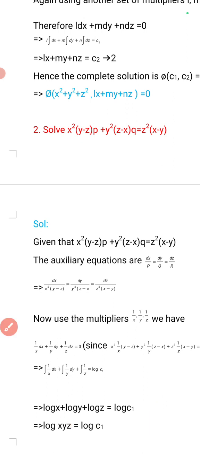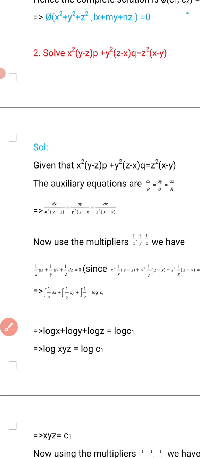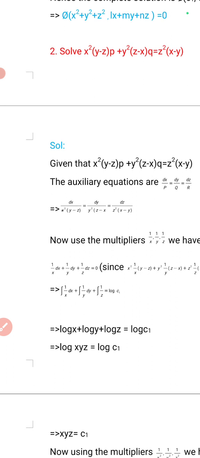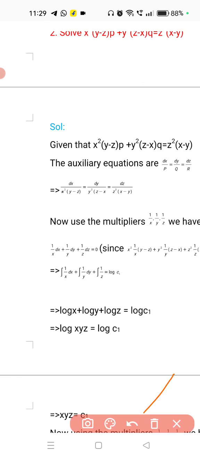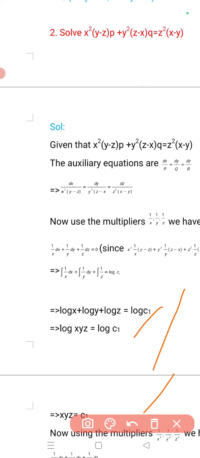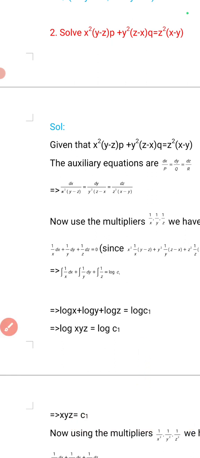That's why I have taken here log c1. So what is the formula for log a plus log b plus log c? It is log abc, that is log xyz. So what is the final solution? We have xyz equal to c1.